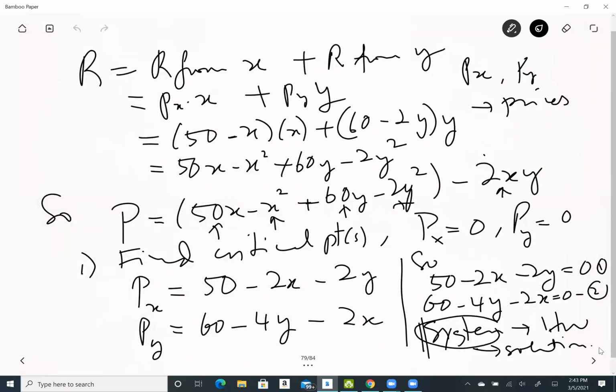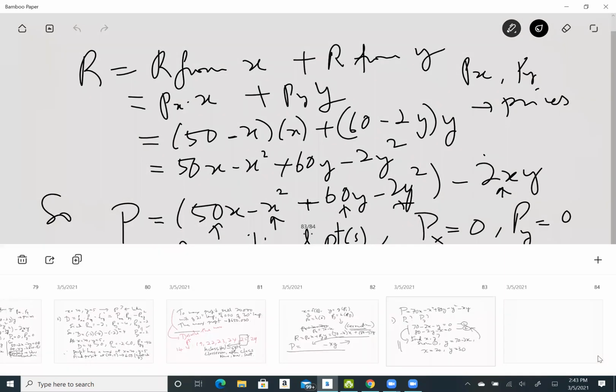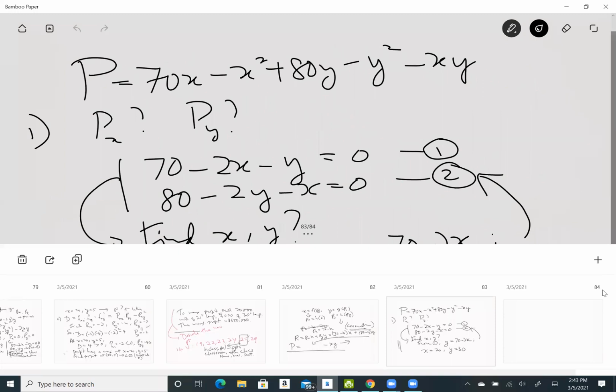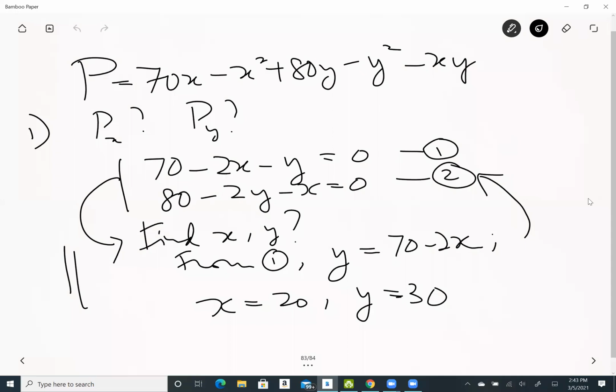You have the partial derivative of Px, Py equal to those things. So now for the second part, you find the D. D is equal to, I have to write that again because of the restarting, that page is lost.